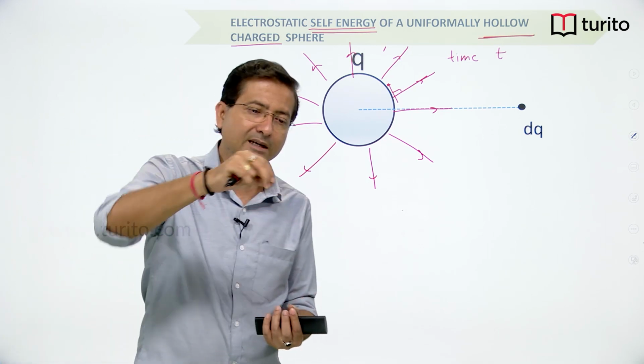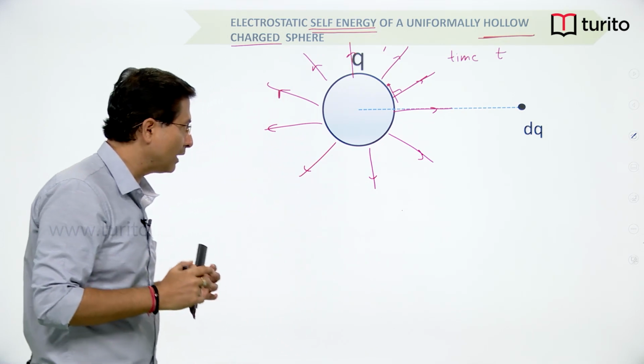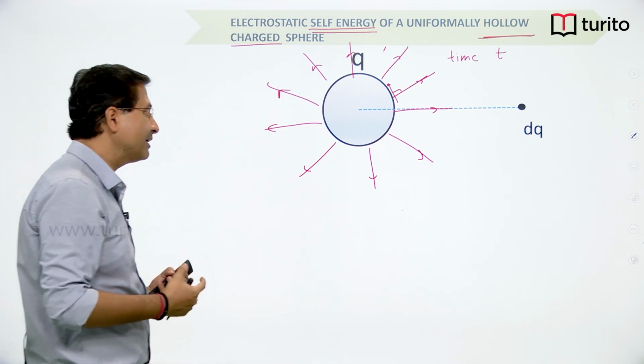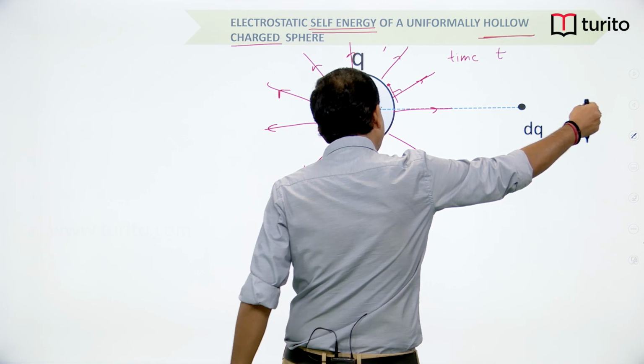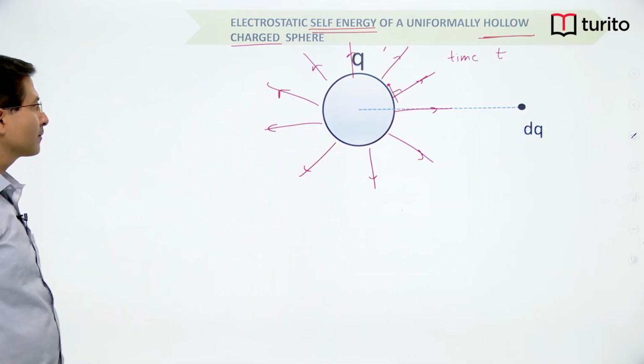In just sprinkling the charge over the surface, you do not have to do work, right. So you have to do work only in bringing the charge from infinity and placing it at the surface, right.